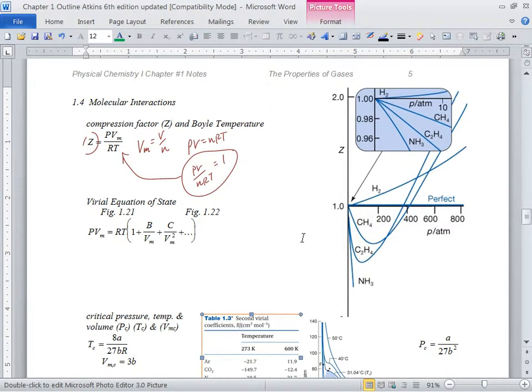And notice that Z equals what for all pressures if it's acting perfect? Z equals 1. And that's what we kind of sit over here, right? PV over nRT is 1 if it's acting ideally. Does hydrogen, this is hydrogen, right? You might be able to see it better on your printout there. It always exhibits what type of molecular interactions?